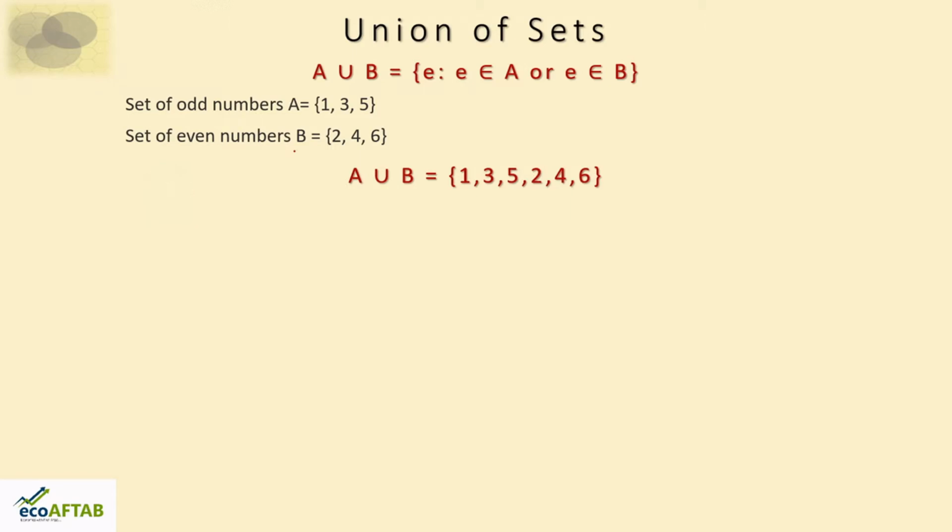So A union B is all the elements of A, 1, 3, 5, and all the elements of set B, 2, 4, 6.